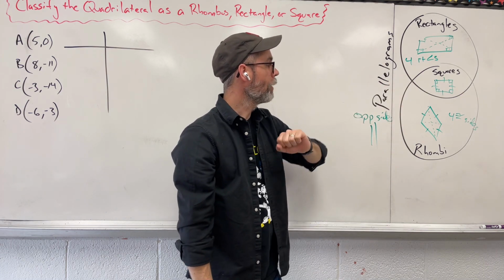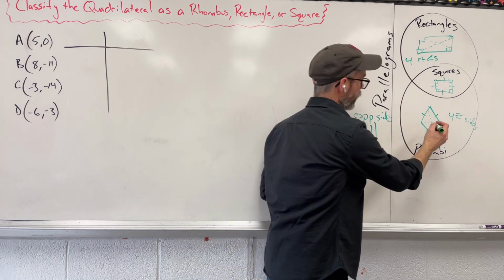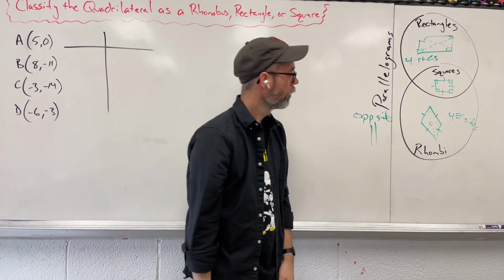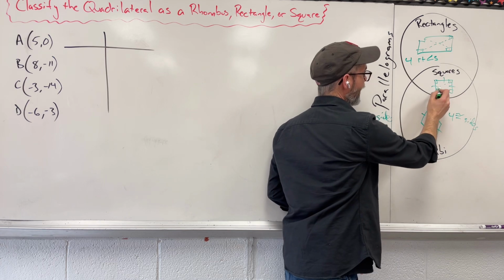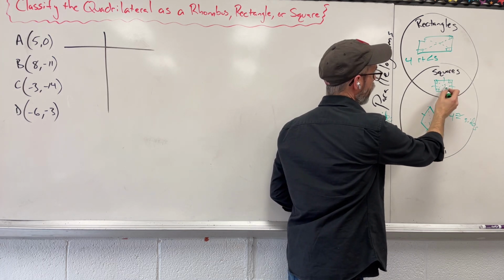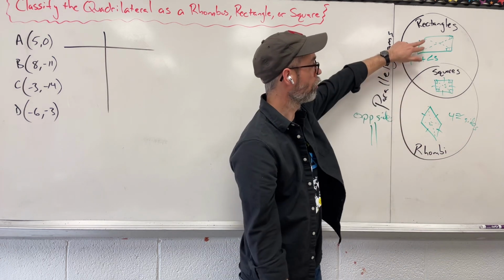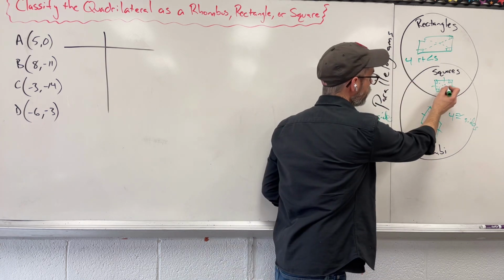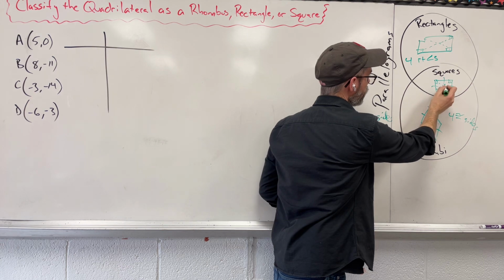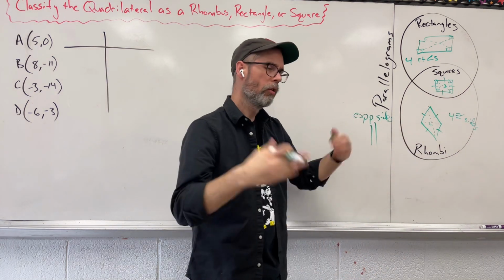When it comes to a square, our diagonals are going to be both congruent, like the rectangle, and form a right angle in the middle. So a little bit of both.